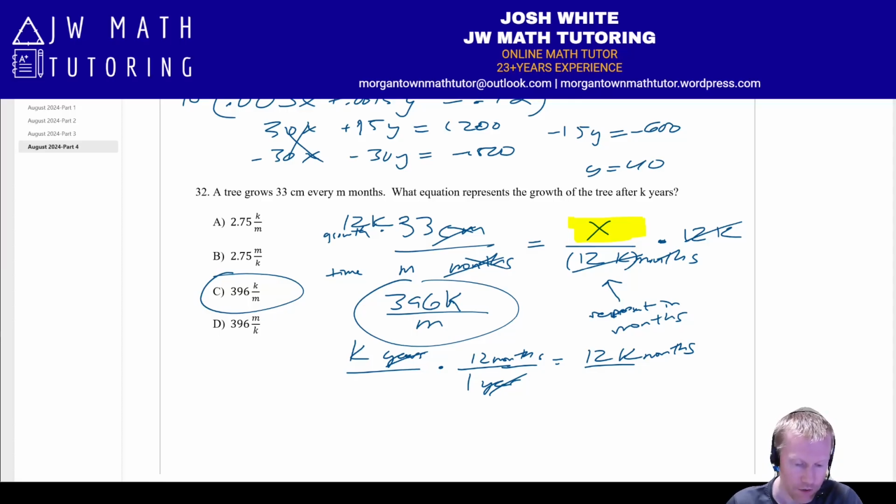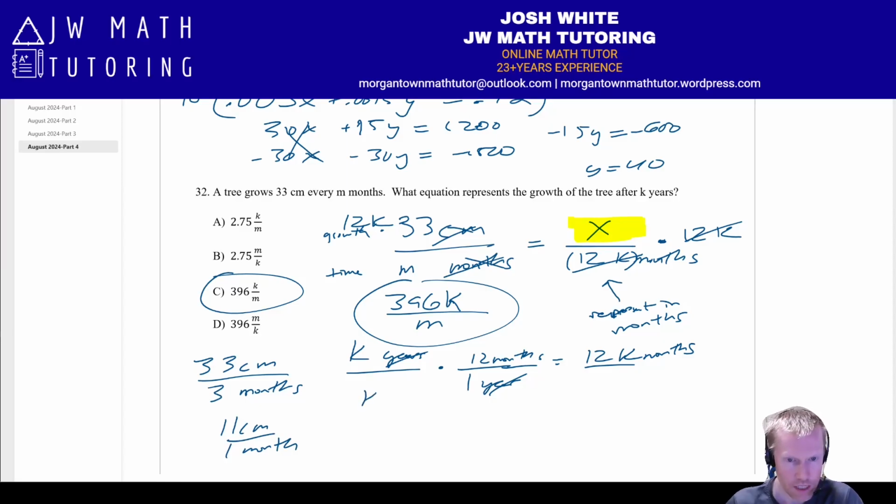Now, here is how you could do this by using the strategy of picking numbers. So what I said is, okay, 33 centimeters over 3 months. That means it's basically the equivalent of 11 centimeters per 1 month. And then I said, let's let k equal 1 year.